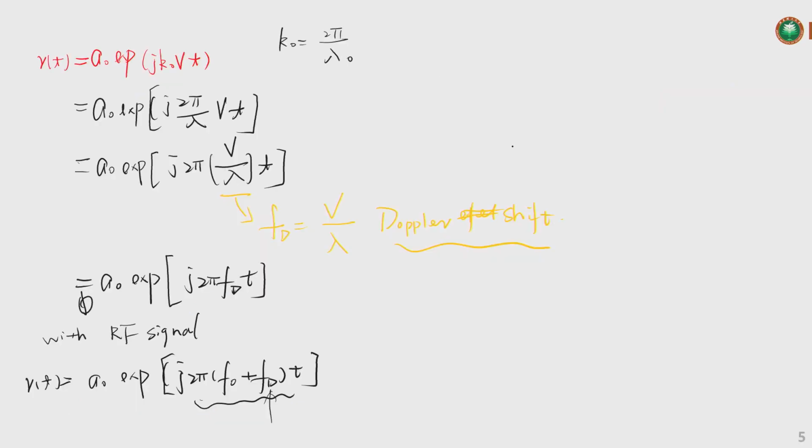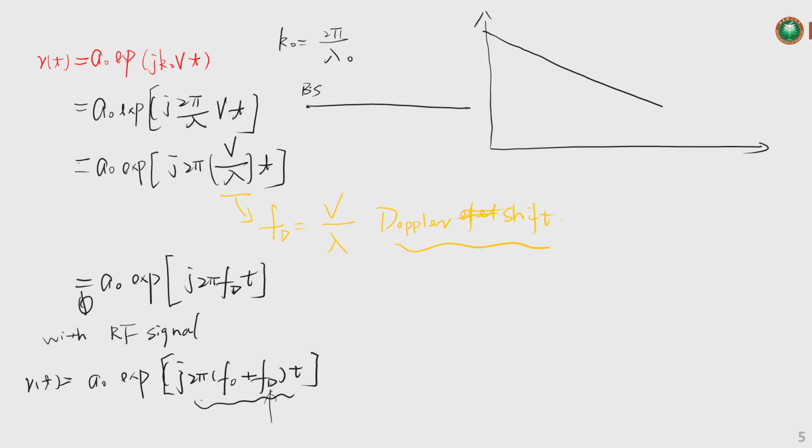And so the phase change moves maybe from positive to negative, like this one, for example. So here we assume that the distance between the base station and the mobile station is much longer, much higher than their height.